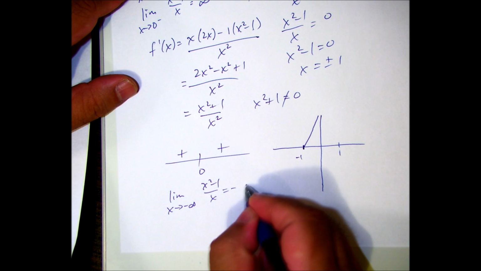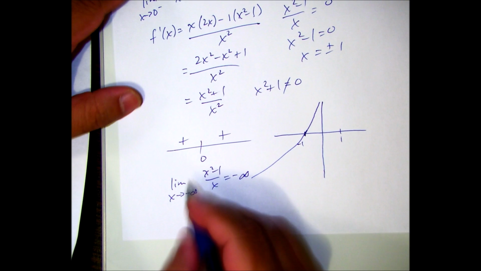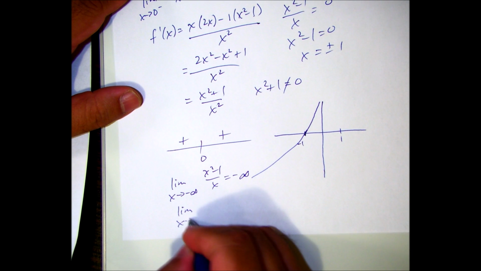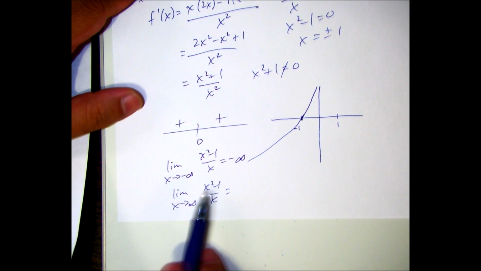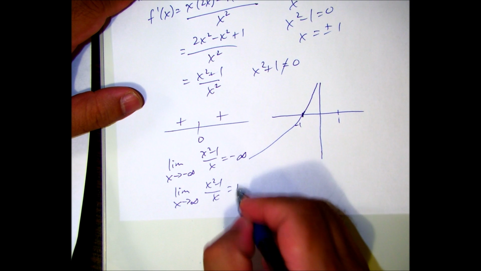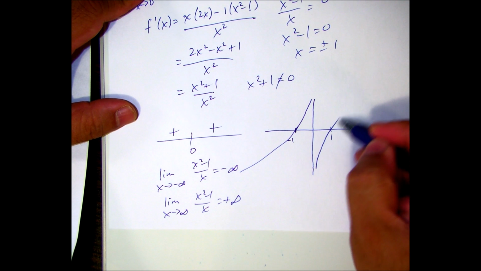So this is approaching negative infinity. It's going to just keep going that way. And looking at positive infinity, positive over positive is going to be positive infinity. So it's going to be increasing like that.